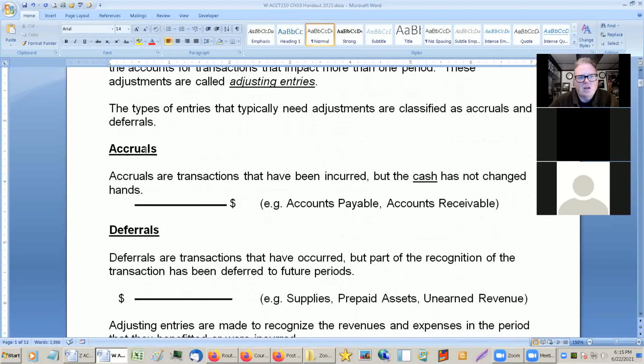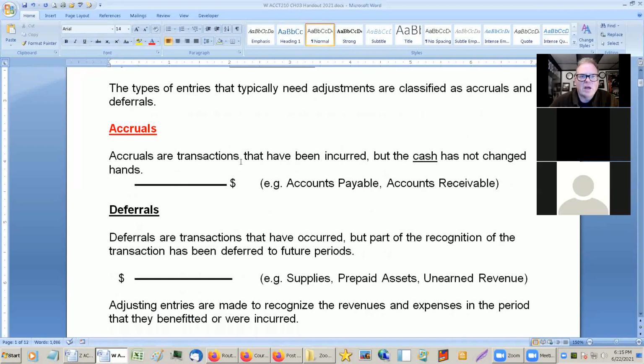Accruals. Accruals are when the money has not changed hands yet. A transaction has happened, but the money hasn't changed hands yet. For example, we may have accounts payable, right? We bought something on credit. We have the goods, but we have not paid them yet. So that's an accrual.